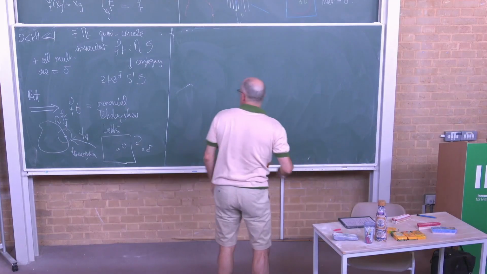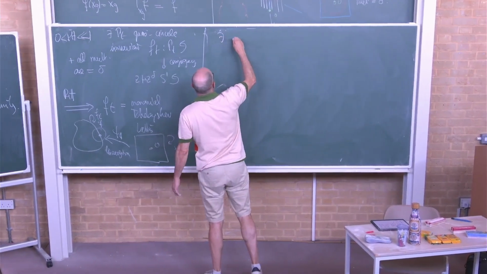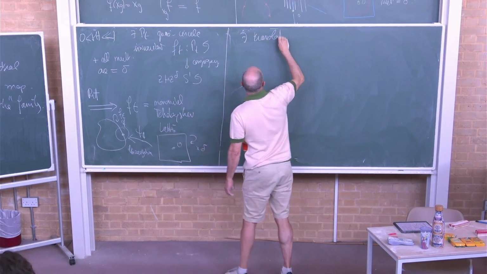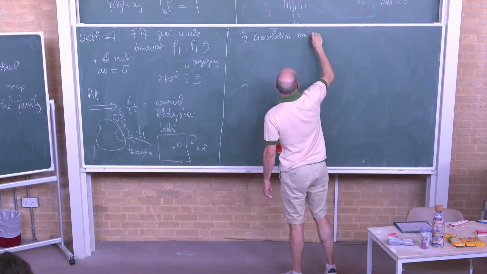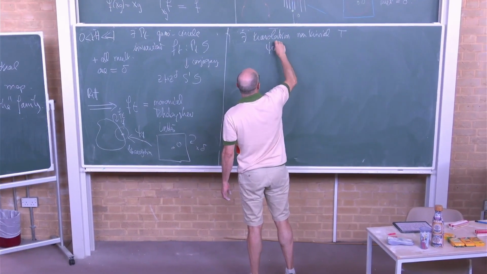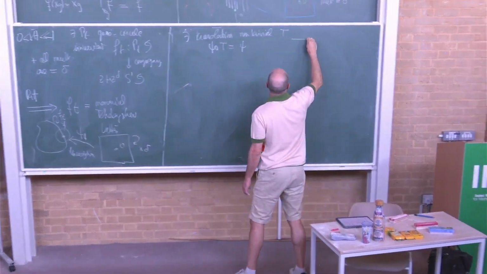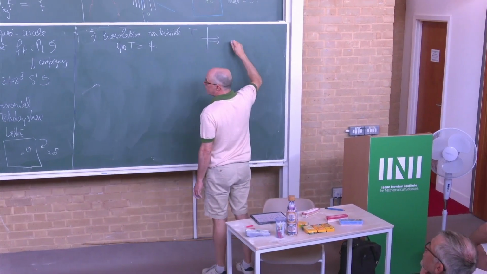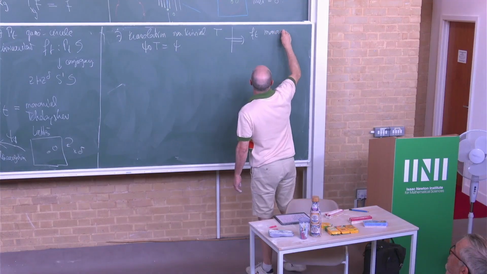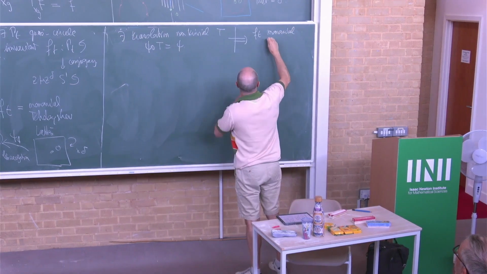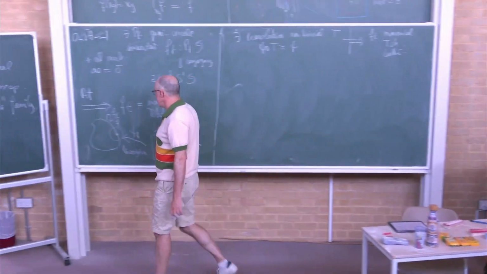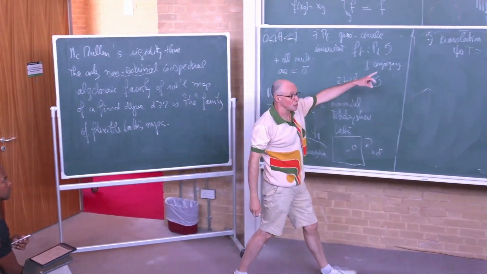So the statement is that if there exists a non-trivial translation, let's say T, such that psi composed with T is equal to psi, then your map F is like that: monomial, Chebyshev, lattice.